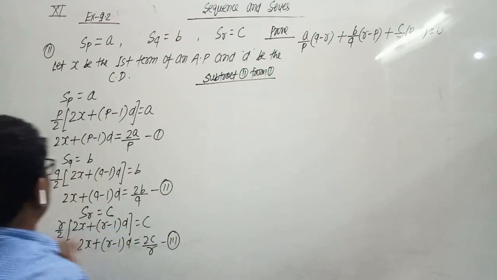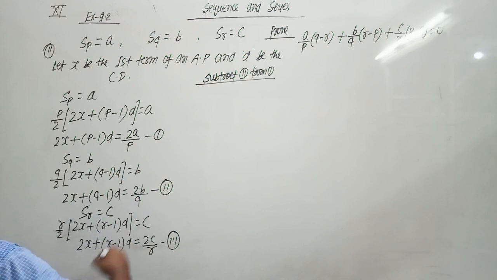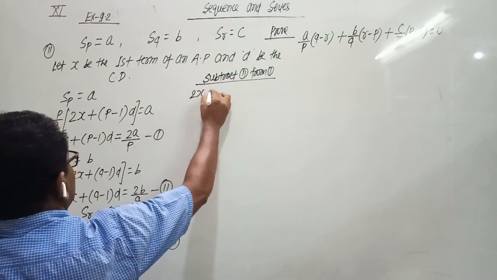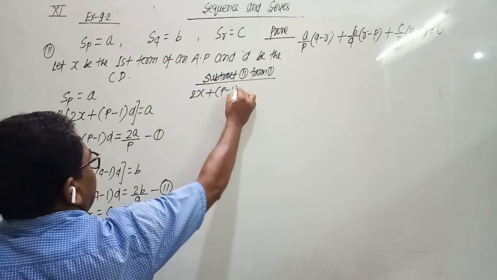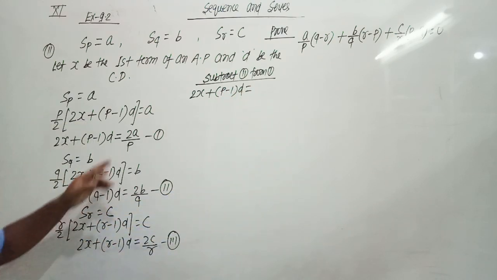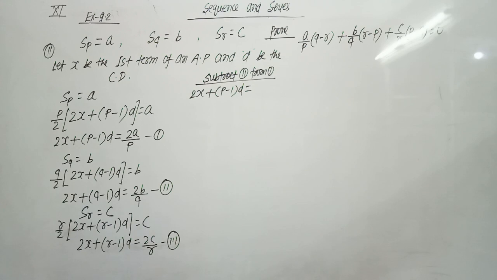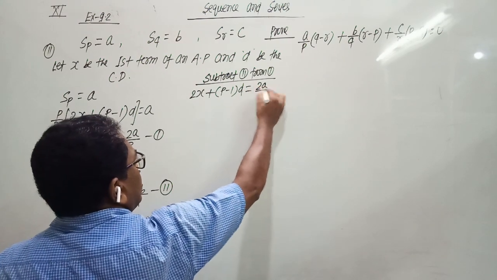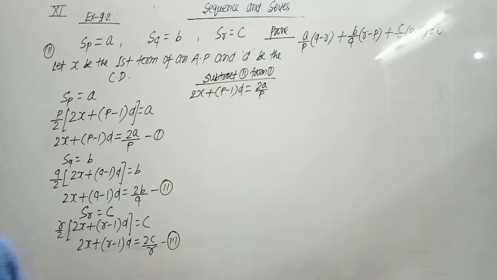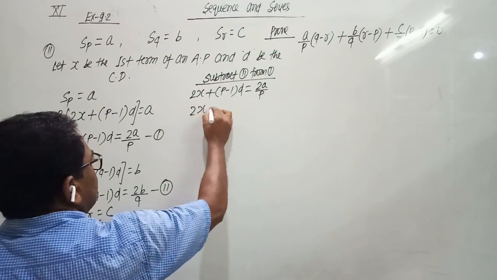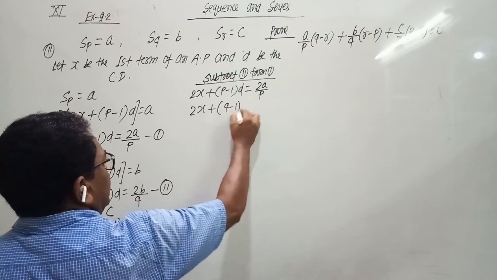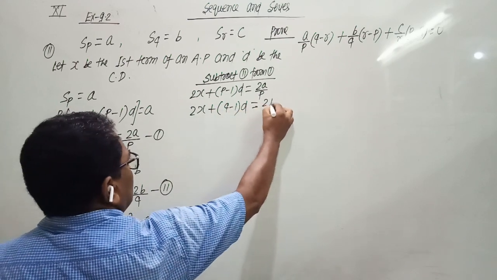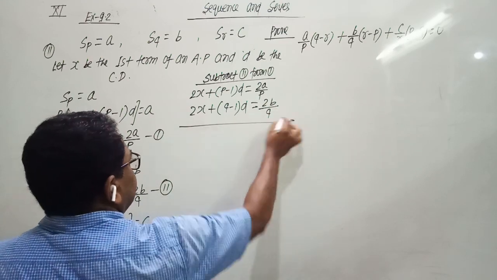So we solve it linearly. The first equation is 2x + (p − 1)d equals 2a/p, and the second equation is 2x + (q − 1)d equals 2b/q.